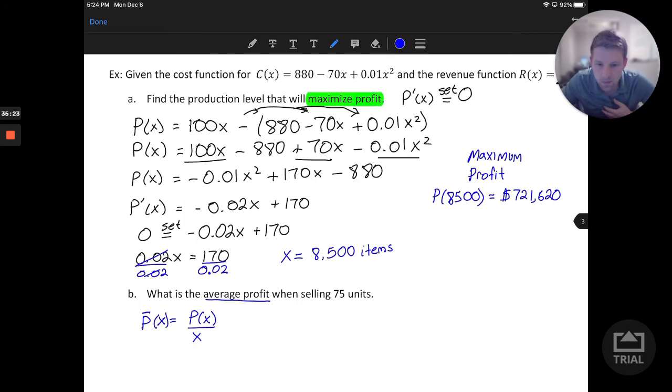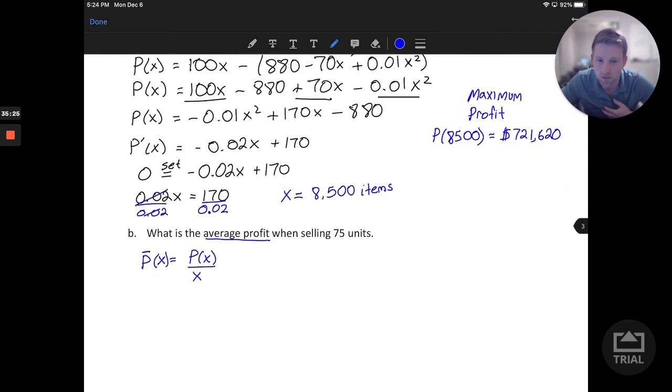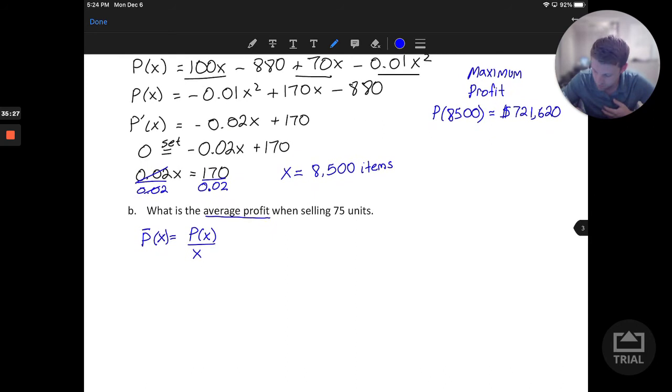In this case, we're most interested in P bar of 75. So P bar of 75 items or units is the profit with 75 divided by that many units. So P of 75 divided by 75.